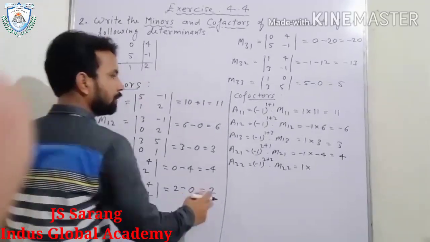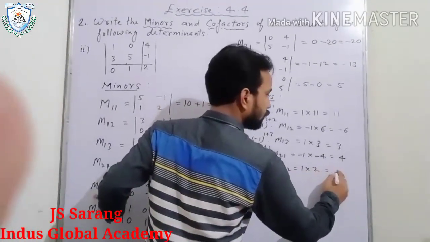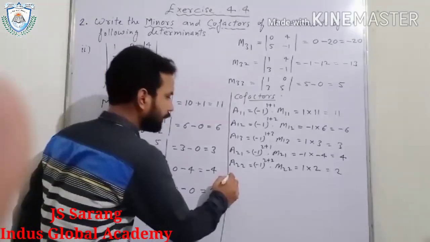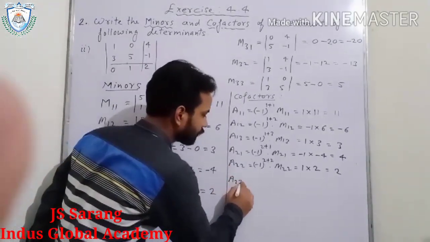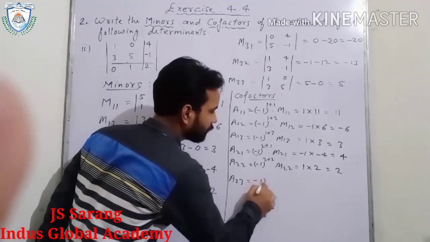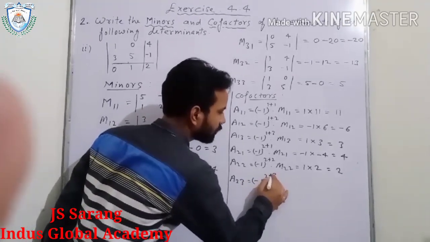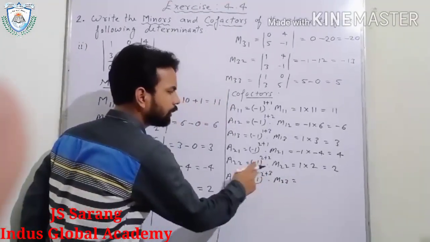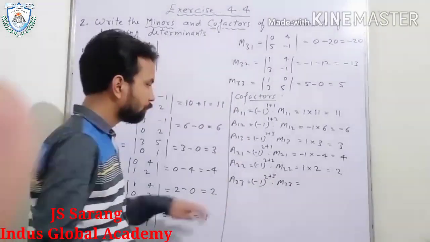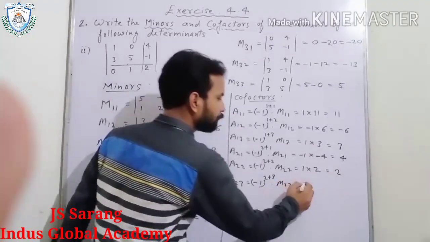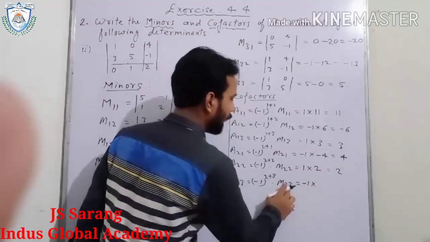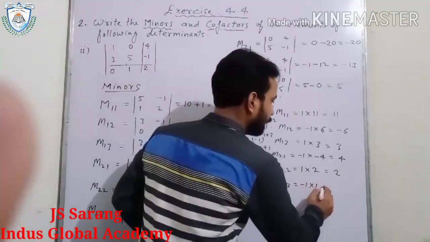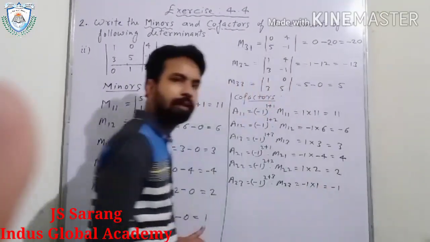M22 value is 2. So 1 into 2, that is 2. Clear? Similarly, we have to find A23. So it will be minus 1 to the power 2 plus 3 into M23. Minus 1 to the power 2 plus 3, that is 5. So minus 1 to the power 5 gives you minus 1 into M23. M23 is 1. So minus 1 into 1 gives you minus 1.